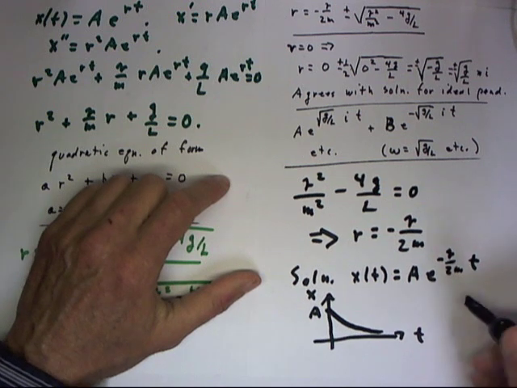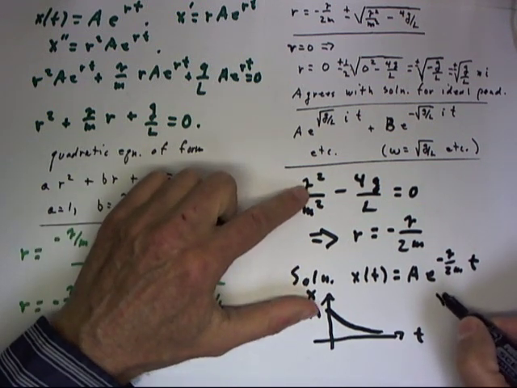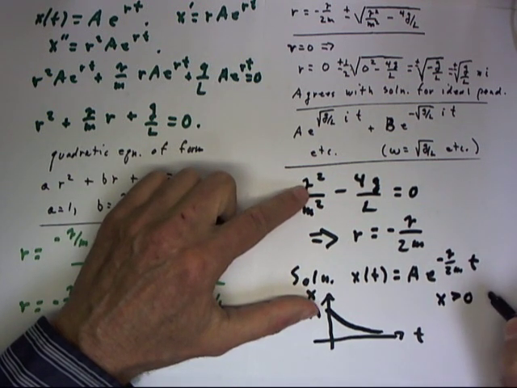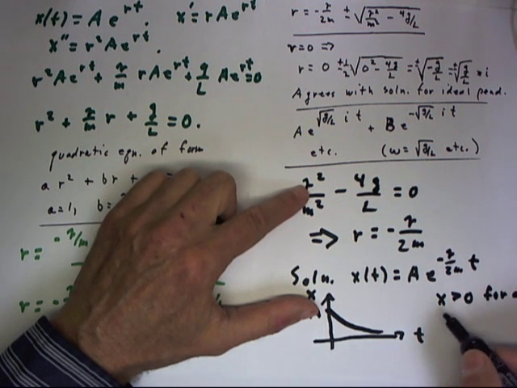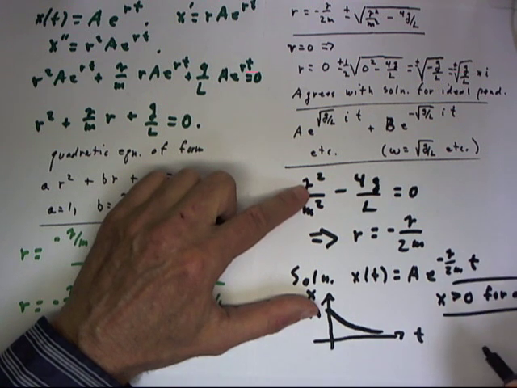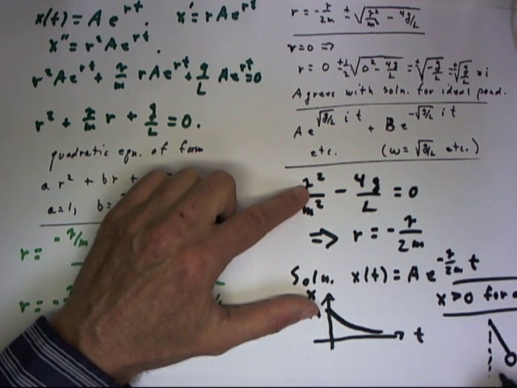This x value is going to be greater than 0 for all t. If we think of the pendulum, this means, of course, x is greater than 0 on this side, x is less than 0 on this side.